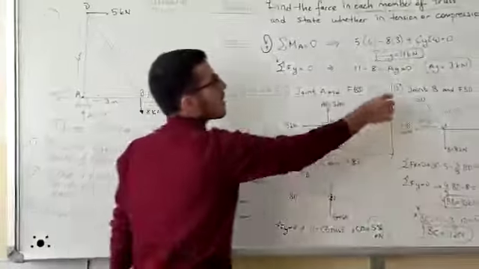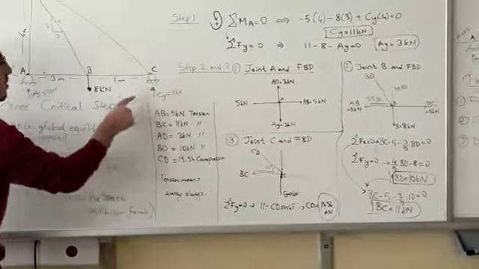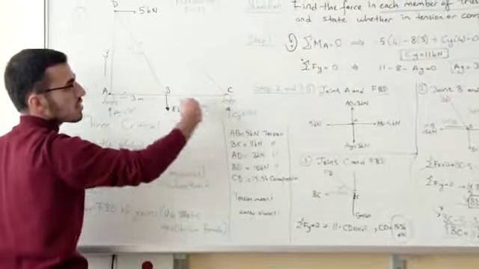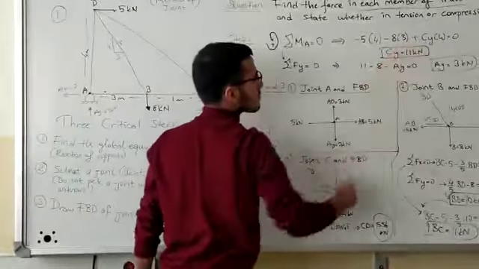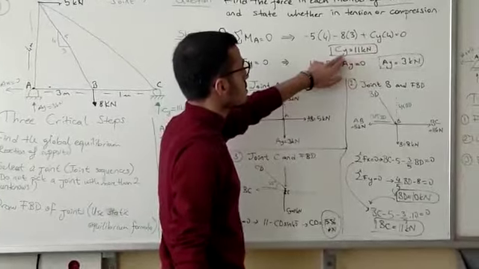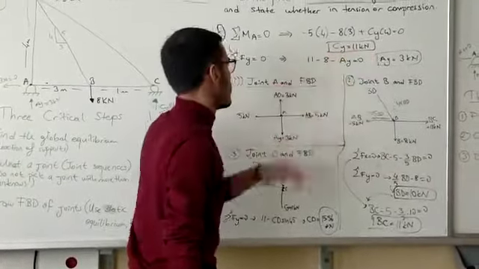And Cy multiplied by 4 turns this way, counterclockwise, so it has to be plus. When we set the sum equal to 0, we find Cy equals 11 kilonewton.